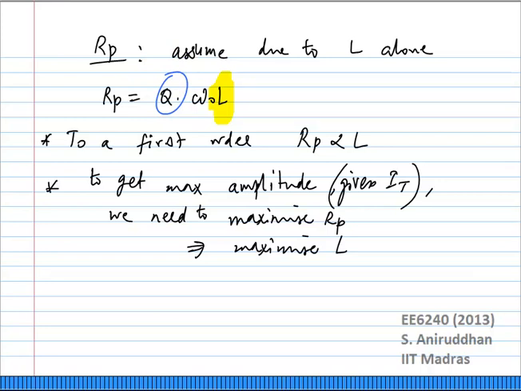If you maximize the inductance value, what happens to the capacitance? It falls down. But if the capacitance falls down, what effect do you have on the VCO? The tuning range. So you have to be careful. You may not be able to maximize the inductance value all the time. There will be a certain trade-off with the tuning range.